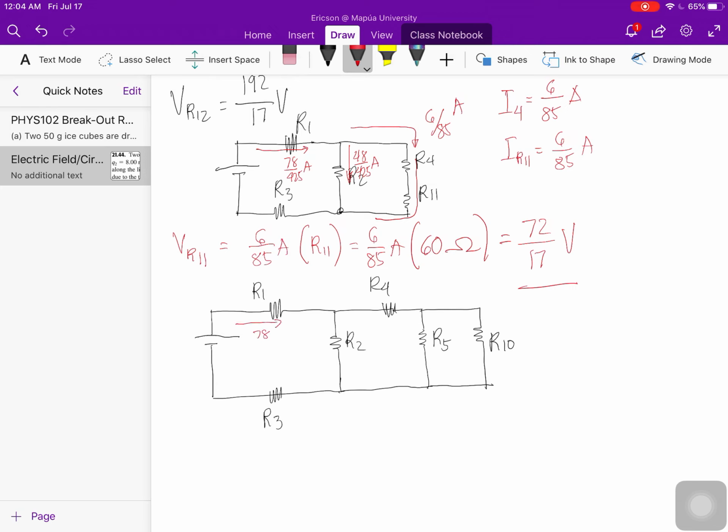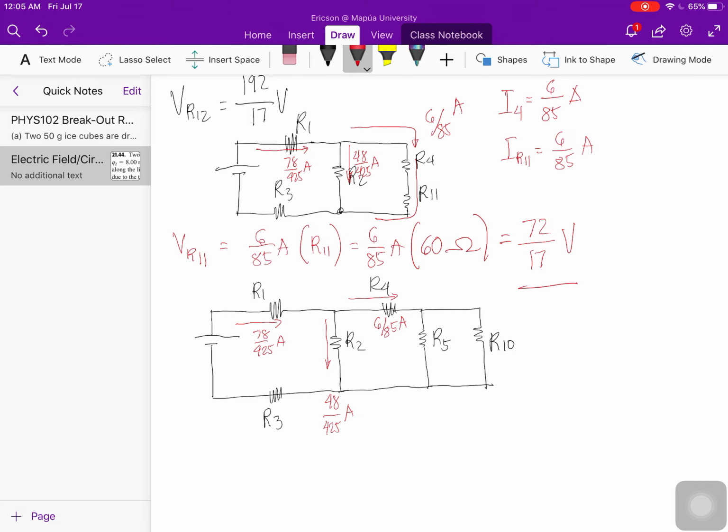Ito is 78 over 425. Ito is 48 over 425 amperes. Okay, yung R4, okay, equal saan? R4 is 6 over 85 amperes.